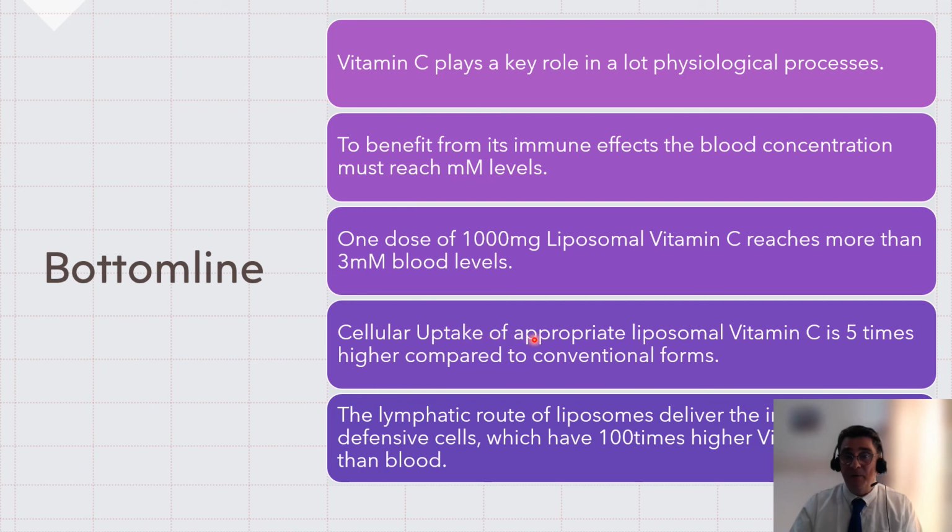Cellular uptake of appropriate liposomal vitamin C is 5 times higher compared to conventional forms. And at that point, we have to remember that our defensive cells are accumulating vitamin C 100-fold higher than our blood. So we see it is important to reach certain threshold levels in our blood, but it is also important to deliver vitamin C to our defensive cells.